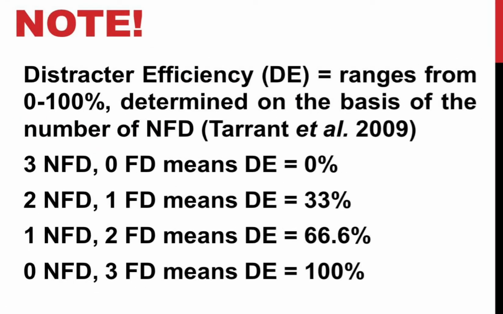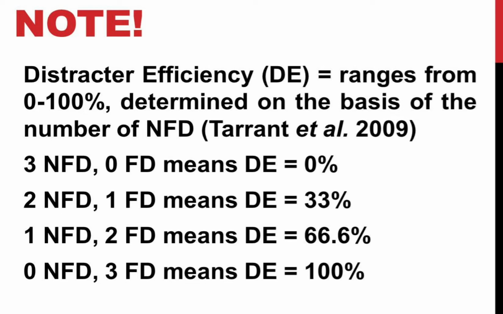Distractor efficiency varies and it ranges from 0 to 100%. It is determined on the basis of the number of non-functional distractors. If we have 3 non-functional distractors and 0 functional distractors, it means that we have a 0% distractor efficiency. If we have 2 non-functional distractors and 1 functional distractor, we have a distractor efficiency of 33%.